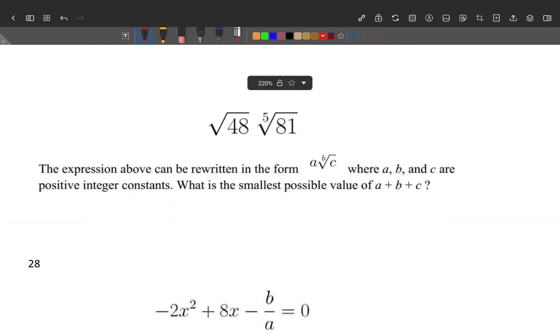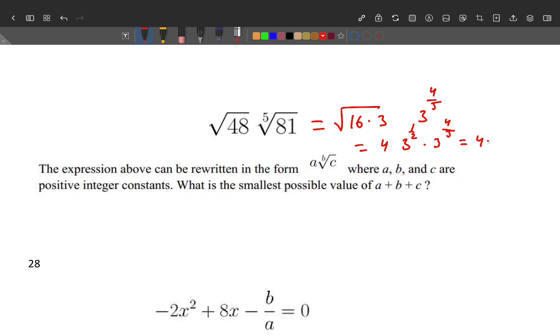This question, okay, I can write like this. And the next one I can write like this. It gives us 4 multiplied by like this. It gives us 4, 3.